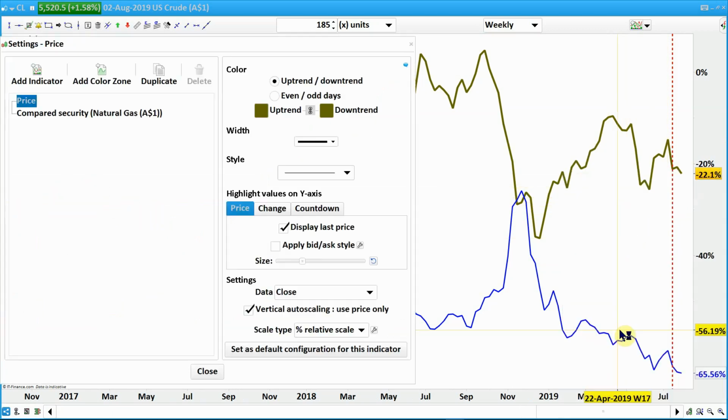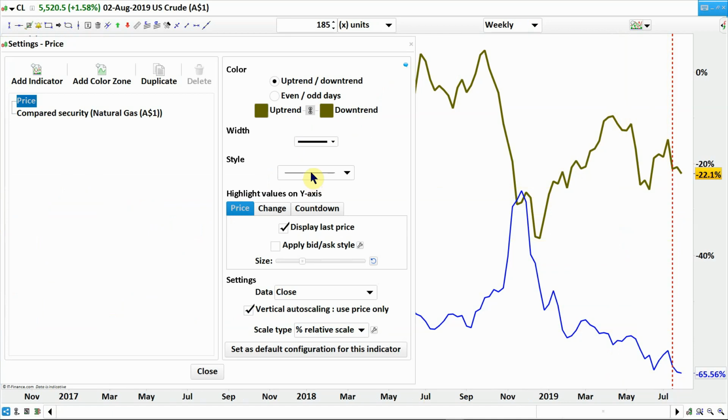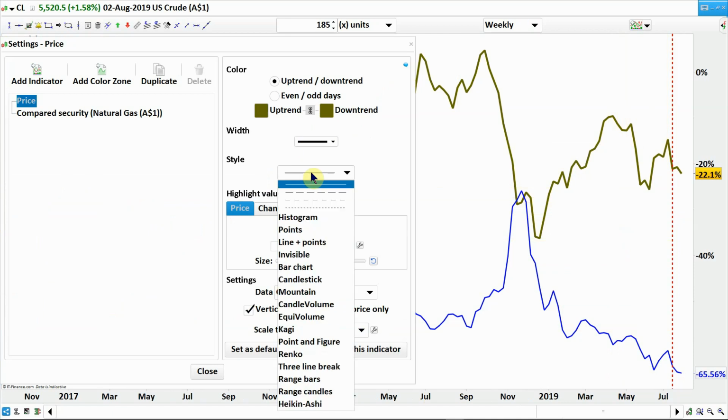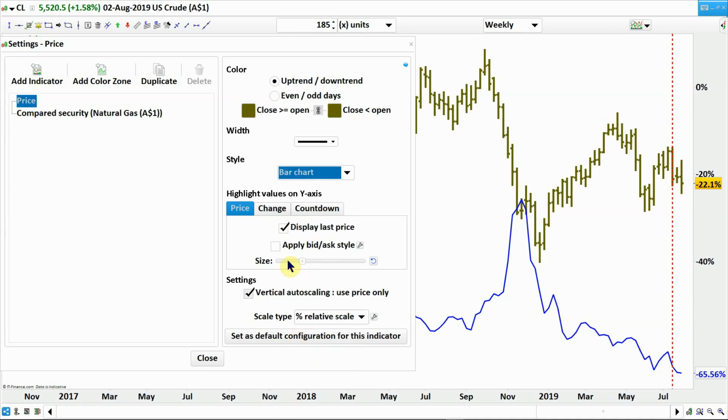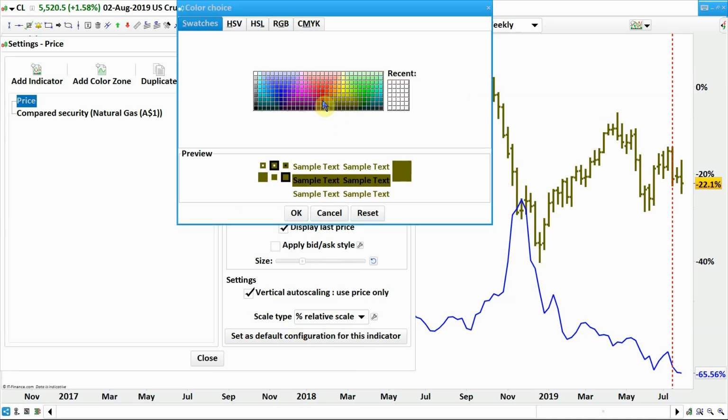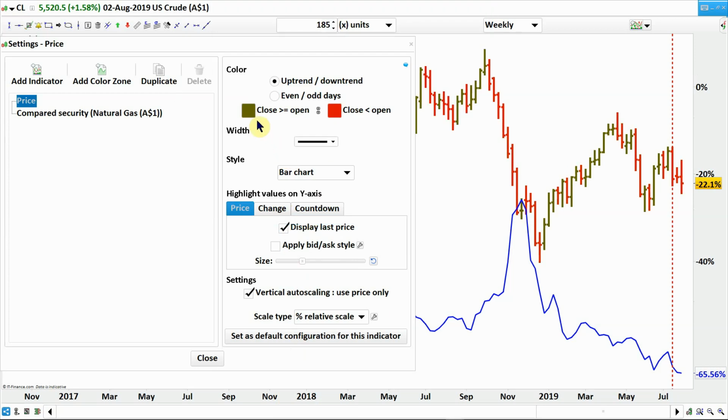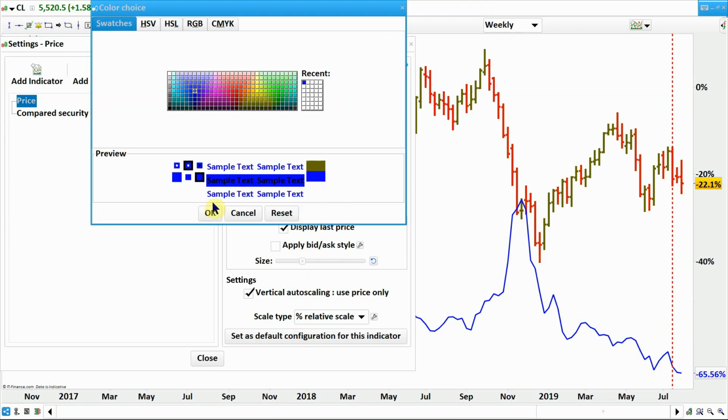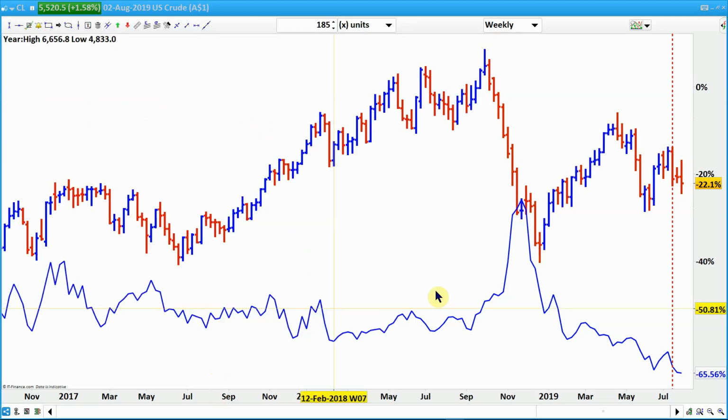I think as far as I remember, if I make the crude oil a bar chart, the line is for the bearish bar closing below the bullish bar, and then I change this to red, and this to blue. Let's see what that dotted vertical line stands for.